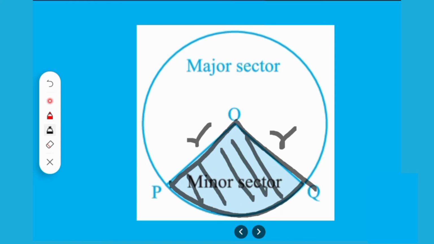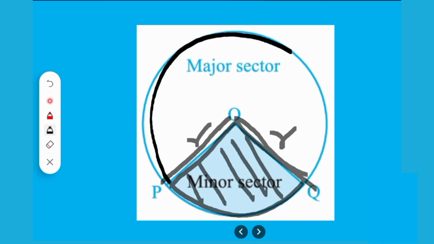The outer section, where the two radii and one arc make the portion, is called the major sector.